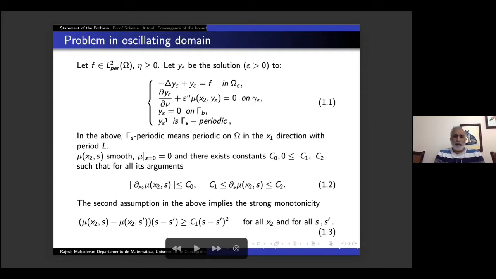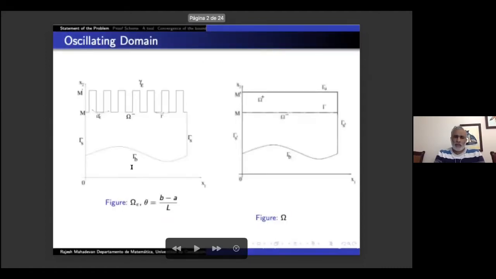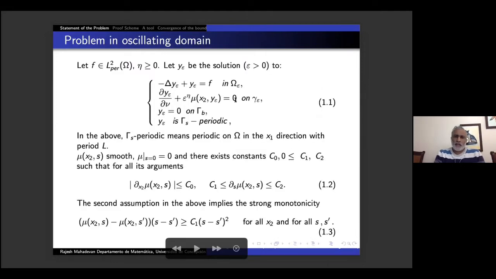On the lower boundary we just assume a Dirichlet condition, but on this oscillating part you have a nonlinear Robin condition. You could also take a non-homogeneous condition on the right-hand side, which is adequately defined, but for the time being we do not impose such a condition here. It's not so important, but probably more interesting in this talk is the Robin condition.